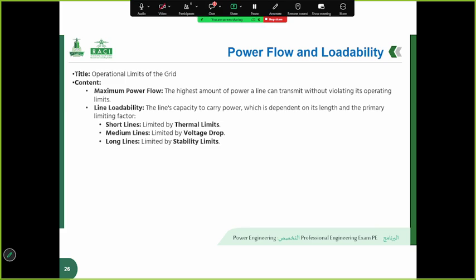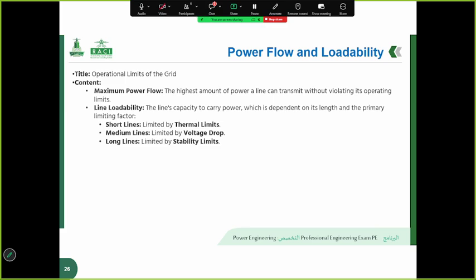Maximum power flow refers to the highest amount of power that a transmission line can safely carry without violating its operational limits. This is not a fixed value, but a dynamic parameter that depends on the line's characteristics and the constraints of the system. The primary goal of an operator is to ensure that the actual power flow remains below this maximum limit at all times.